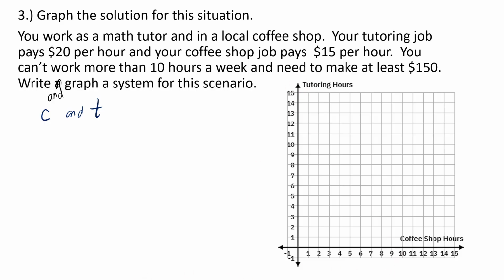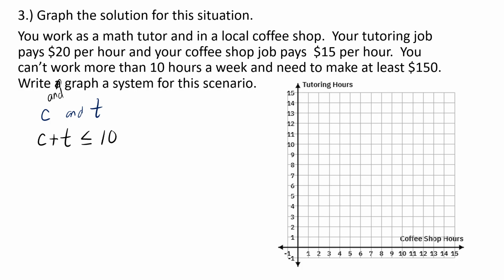So we know that your tutoring hours plus your coffee shop hours have to be less than or equal to 10. All right, so that's our first inequality. So you can work no hours during the week, I guess, in theory, but we can't work more than 10. So we're capping you at 10 hours of work a week. Now, we also know that the money that you make has to be at least $150.